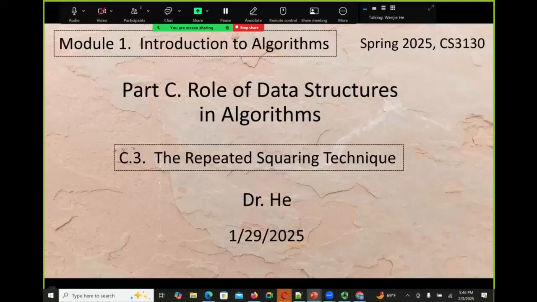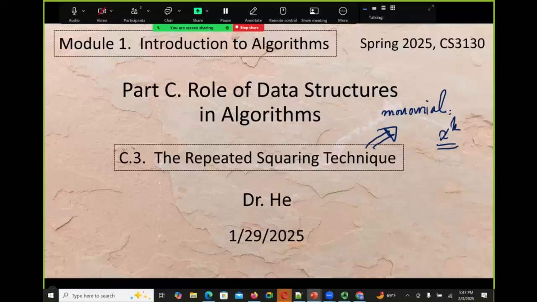That's the idea. How do we apply the squaring operation to calculate the monomial? The goal of this technique is for monomials. What's the monomial? x to the k, or x to the n.